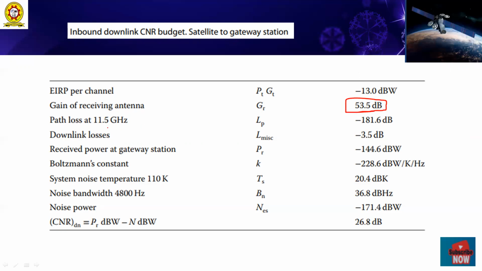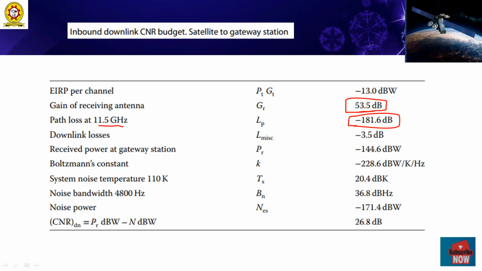The next parameter is path loss, equal to minus 181.6 dB. The corresponding losses are minus 3 dB, received power minus 144. We have the Boltzmann constant, noise temperature, noise bandwidth and noise power, which are listed in the power budget sheet.